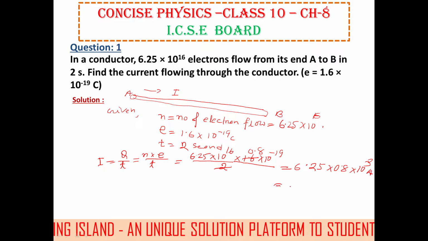Multiplying further, 5 8s are 40, carry 4, 8 2s are 16, plus 4 is 20, carry 2, 6 8s are 48, so 50. The point is here, 5 into 10 to the power minus 3 ampere, so it will be equal to 5 milliampere. So the amount of current is 5 milliampere.